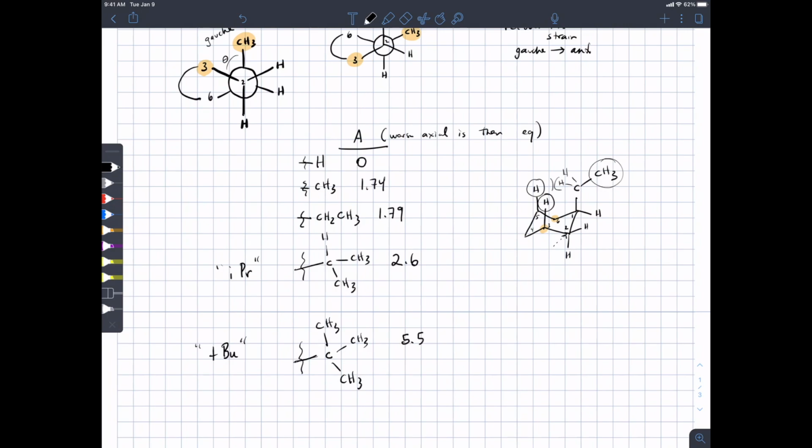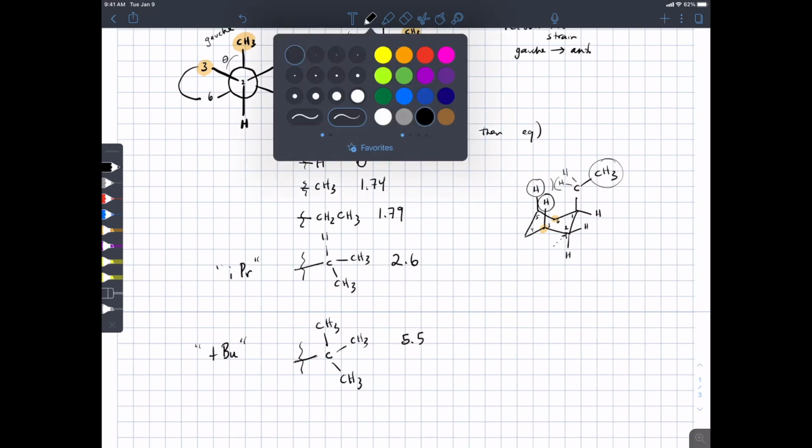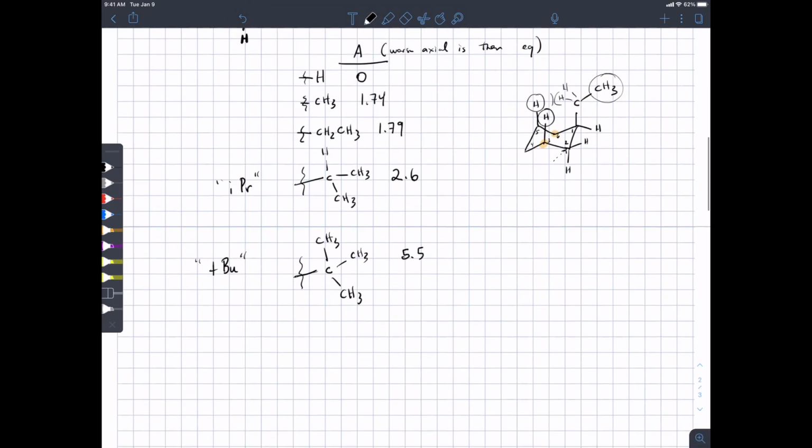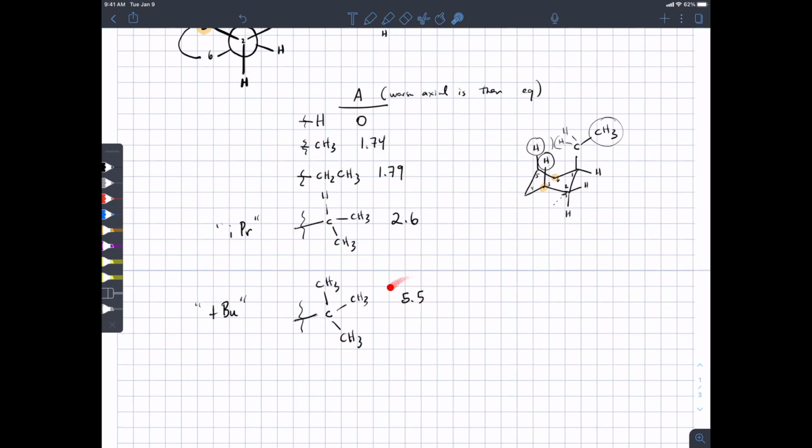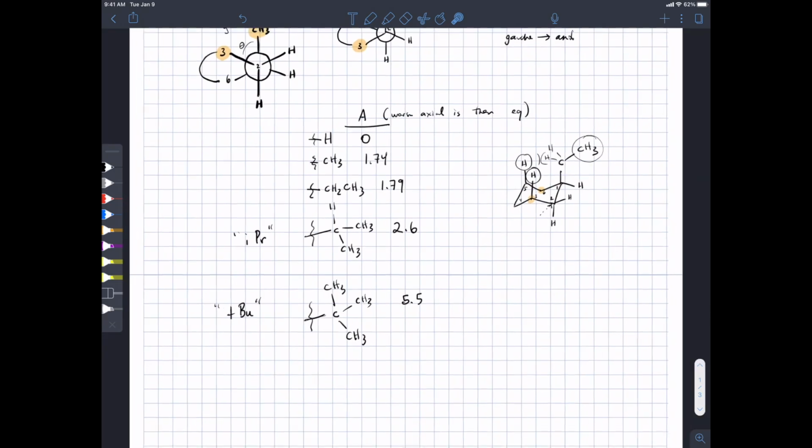You don't need to memorize those names, though I will use them in class to guide our discussion, and so it might be useful to be familiar with those names. So you would predict that having the tert-butyl group equatorial versus axial is more important than having a methyl group equatorial versus axial.